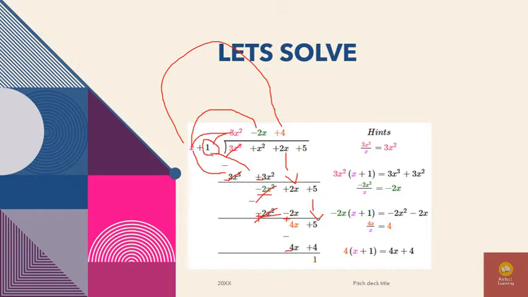The 4x and minus 4x cancel, and when we subtract 4 from 5, the answer is 1. Means the remainder is 1. You understood?